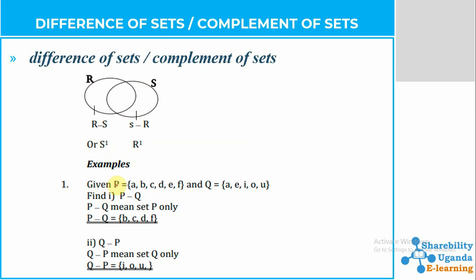We have our set P equal to A, B, C, D, E, F, and our set Q is equal to a set of vowels, that is A, E, O, U. Then here they are giving us an example. They want us to find Roman numeral 1, P minus Q. Remember, we have been given these alphabets, but they want us to find P minus Q.